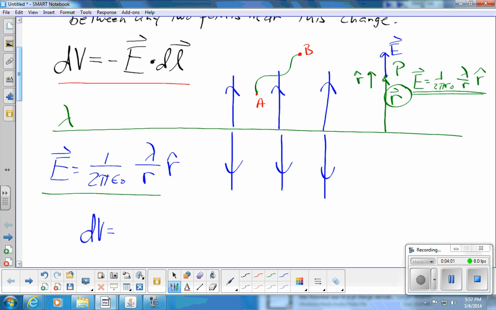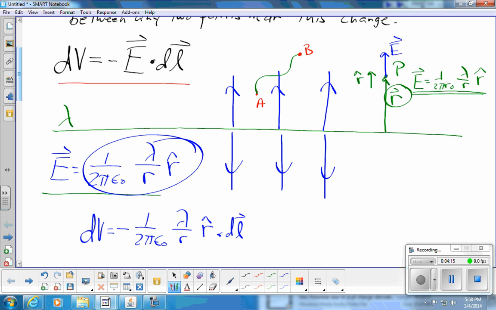expression for dV is negative that stuff, 1 over 2 pi epsilon naught lambda over r times r hat dot dl. And similar to last time, dl, of course, stands for one of the tiny steps that I take. So now I'm looking at this green path from point A to point B. One of the steps that I take getting from A to B is from here to there.